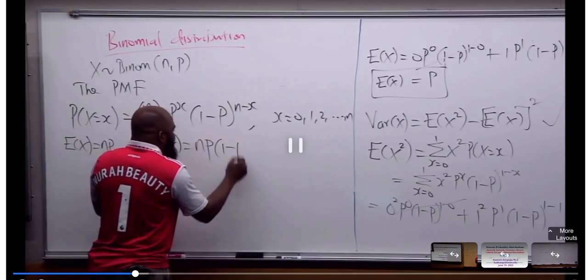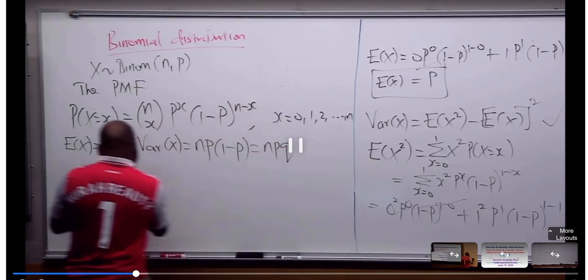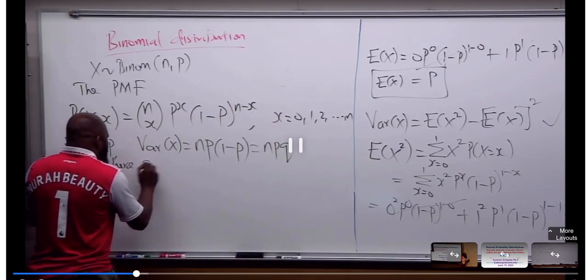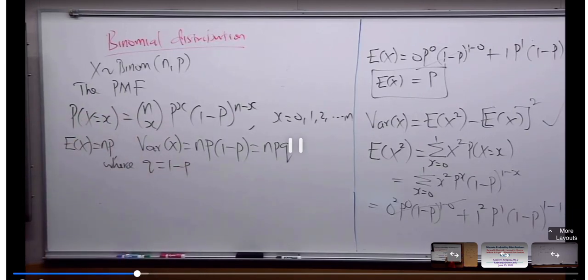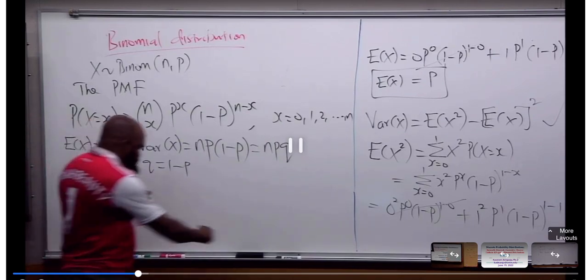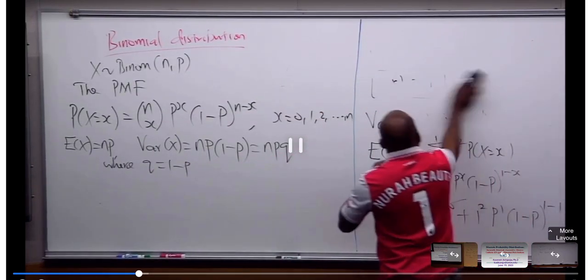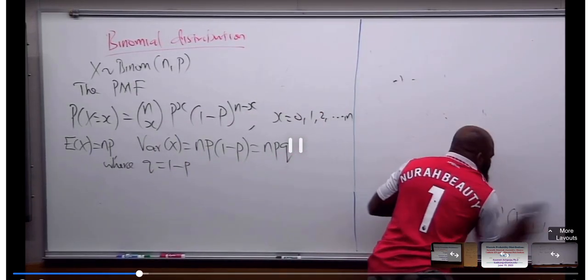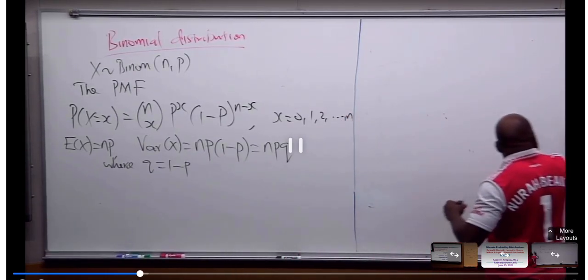At times you could write npq, where q is 1 minus p, because q is the probability of failure and p is the probability of success. Now, how do I derive this?